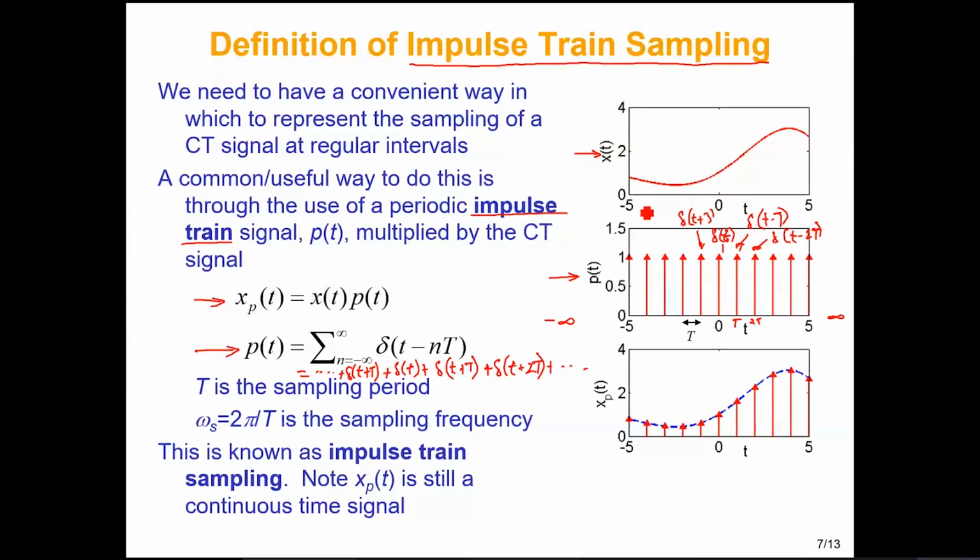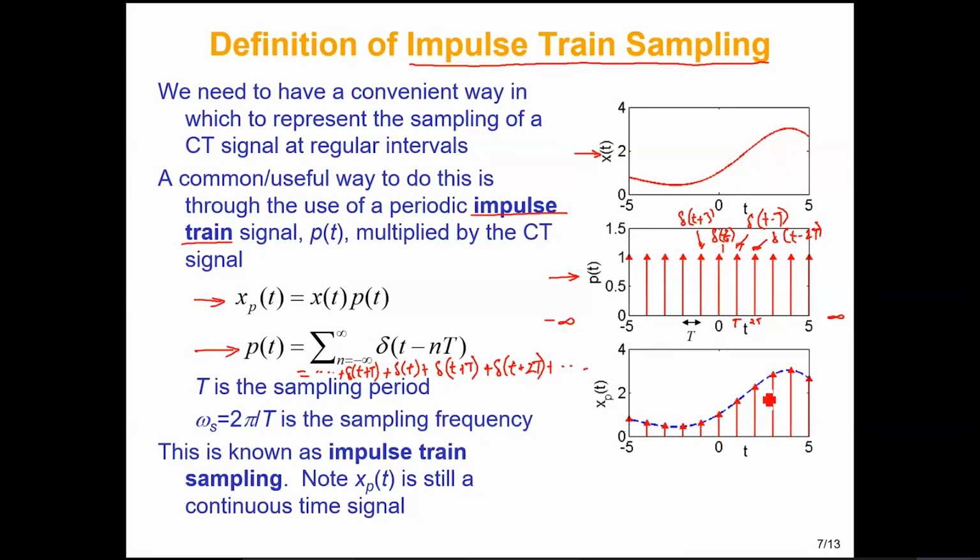You will see that the end result will be scaled impulses whose duration depends on the duration of your signal itself. So if the signal starts from, let's say, -5 and ends at 5, your resulting impulses would again be from -5 to 5, with spacing T in between them, and the values would be scaled according to the signal itself.